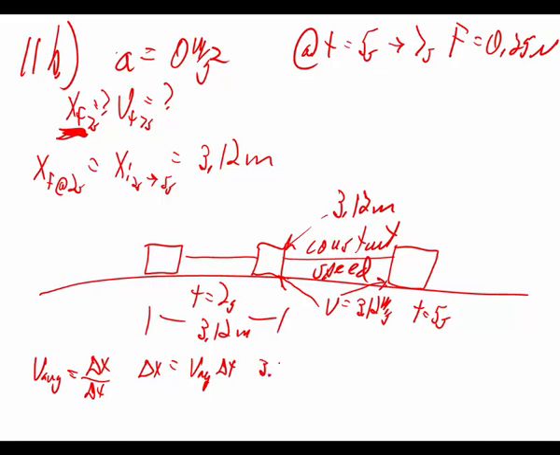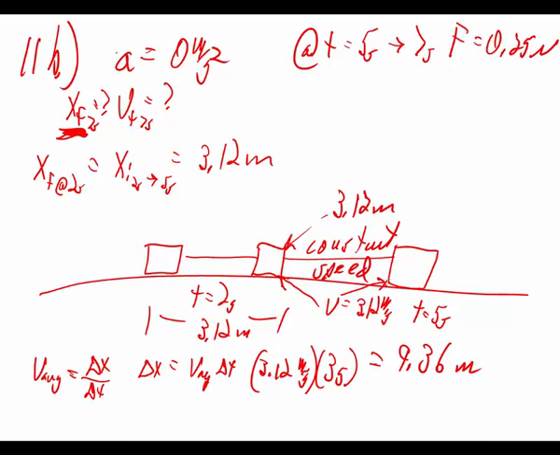So, 3.12 meters per second times what? 3 seconds? Because from 2 to 5 is 3 seconds, right? And we get what? 9.36 meters, right?